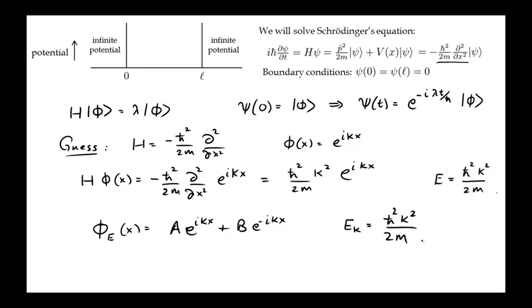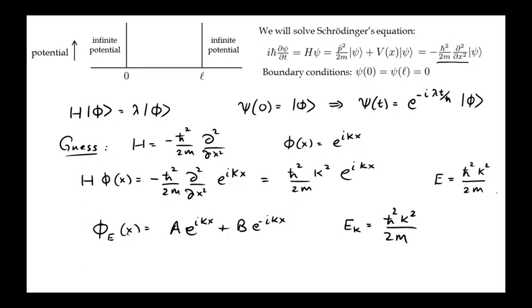Now of course we are not yet done, because we have to impose the boundary conditions that phi at 0 must be equal to 0 and phi at L must be equal to 0.